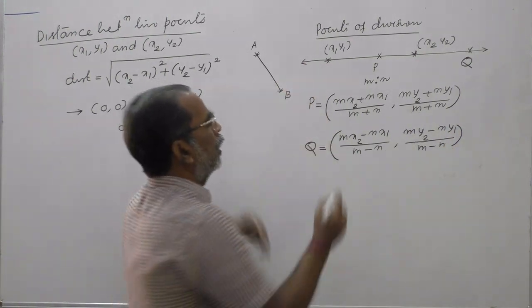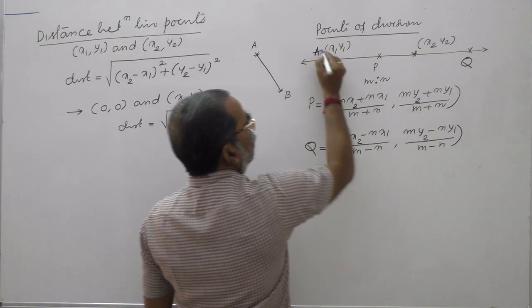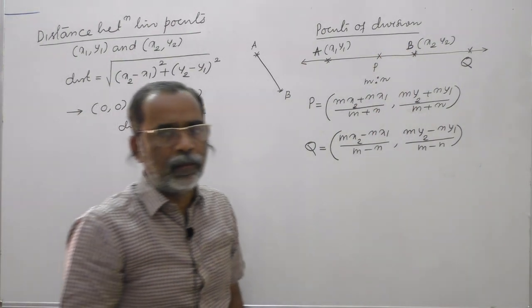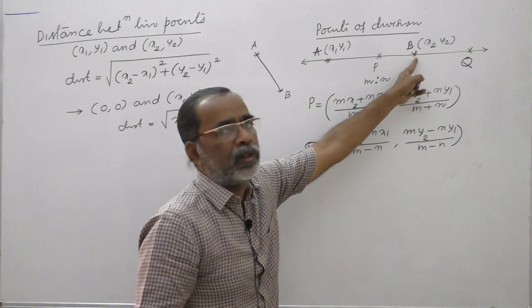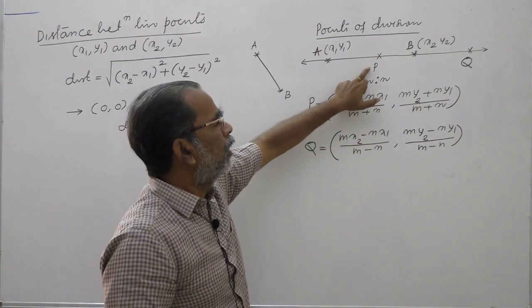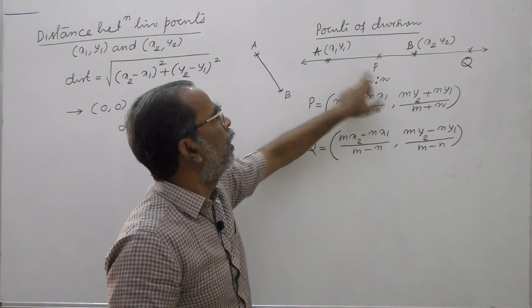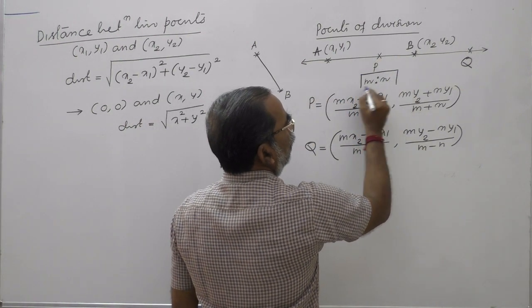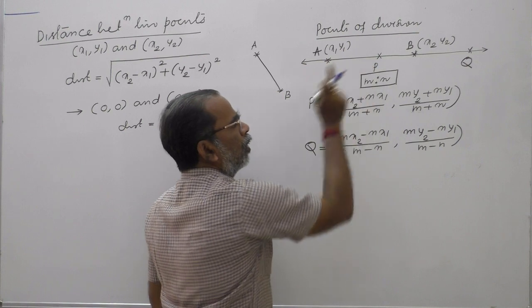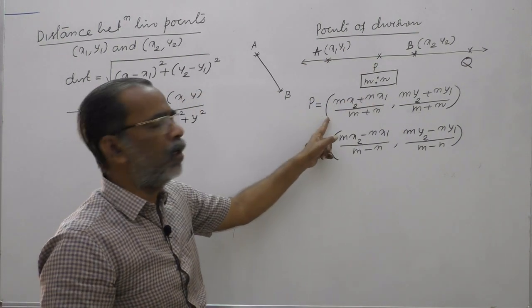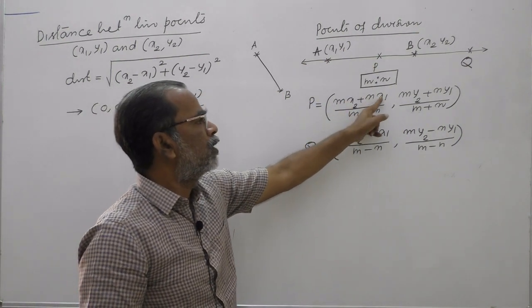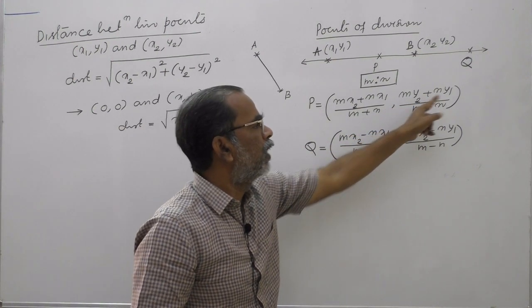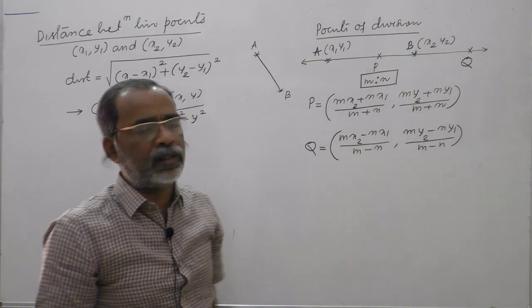So this is a line segment. Say this point is capital A, this is capital B. AB is a line segment, only this portion. The point capital P is dividing this line segment in the ratio m is to n internally. Then the coordinates of point P are (mx2 plus nx1) by (m plus n), (my2 plus ny1) divided by (m plus n).